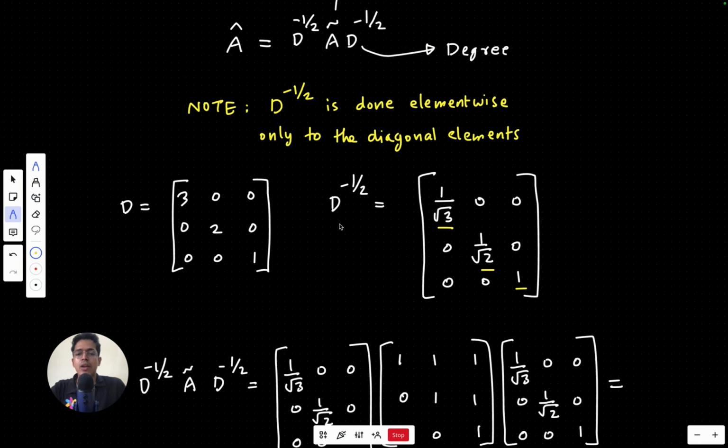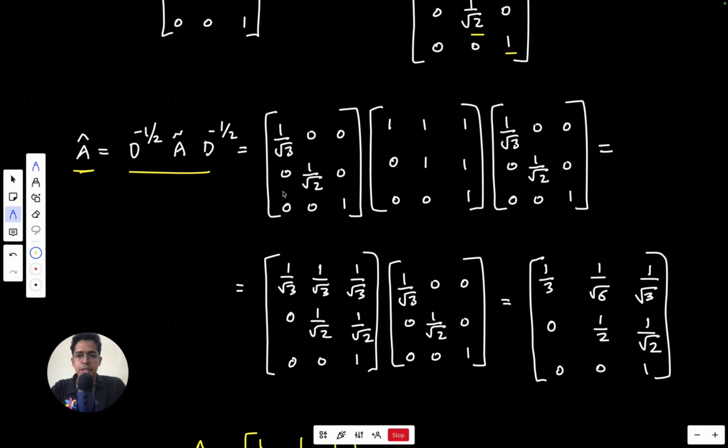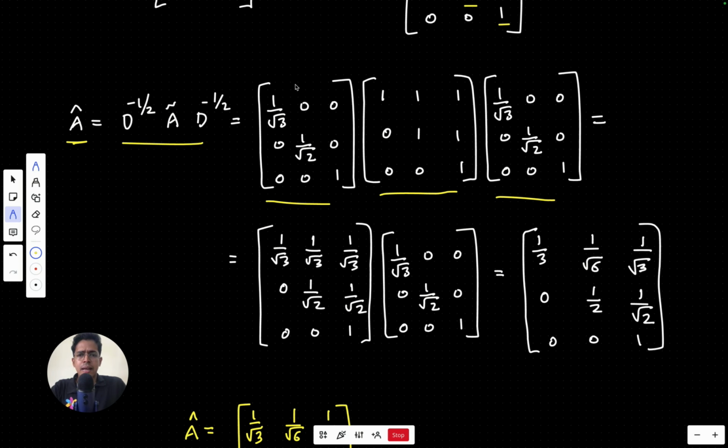Now we can calculate the normalized adjacency matrix A cap using this formula. And now we can substitute the values, right? Because now we know D raised to minus 1 by 2. So this and this is the same. And this is the self-looping adjacency matrix, so the adjacency matrix added with I. We can calculate this by first multiplying this with this.